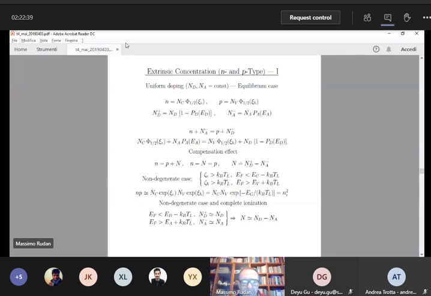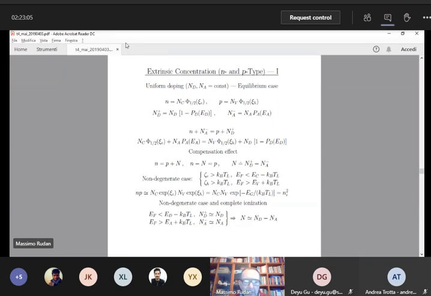Okay. The example that we have shown in the figure before considers the case of perfect compensation, that is N, capital N equal to 0, which is a very special case, of course.